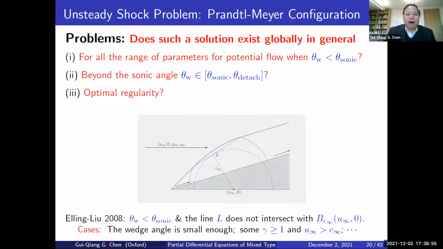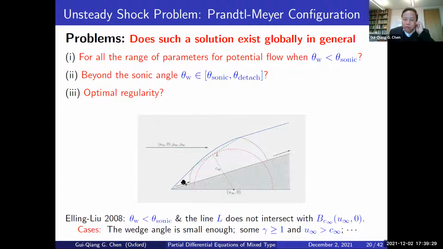The whole problem wants to find solutions for two cases. First is the supersonic configuration, with wedge angle less than the sonic angle. Then we want to go beyond the sonic angle. Then the question of optimal regularity. For the first case, the supersonic configuration, there are results by Chen and Feldman, 2008-98. They have a condition, a certain parameter regime, where basically they want the sonic arc to be a straight line.